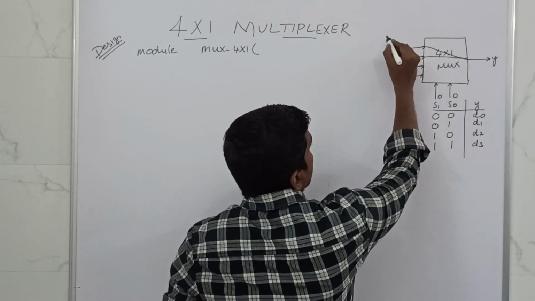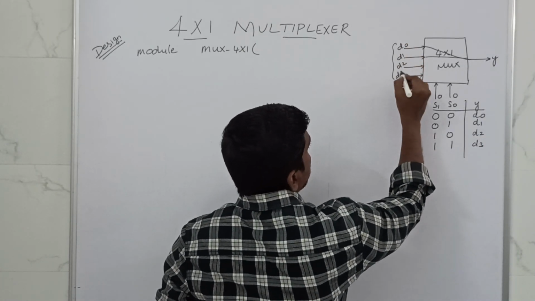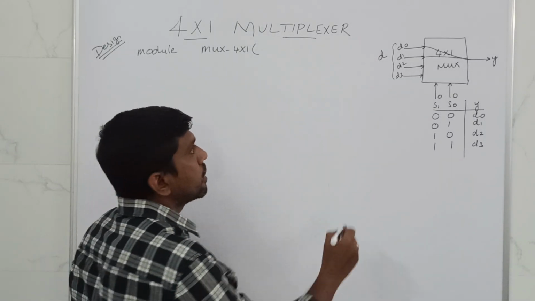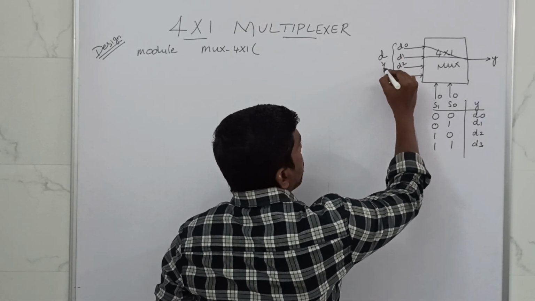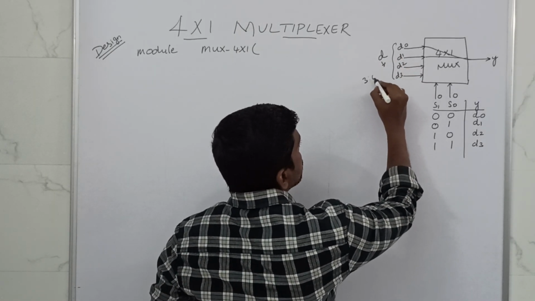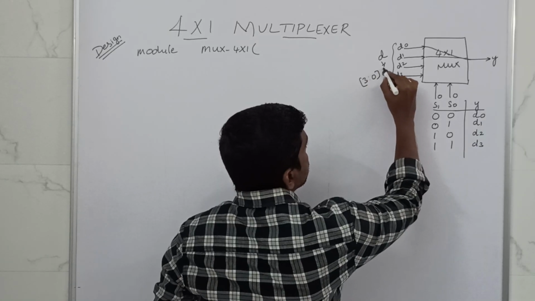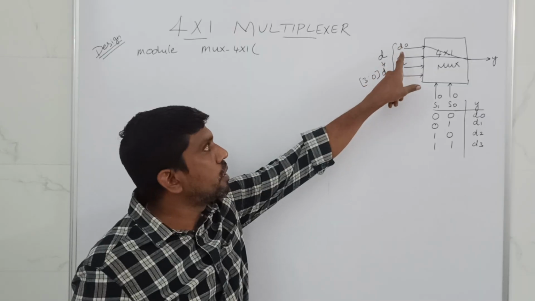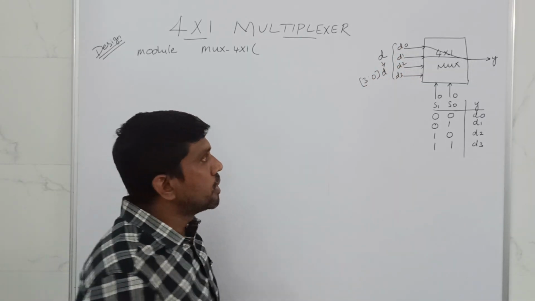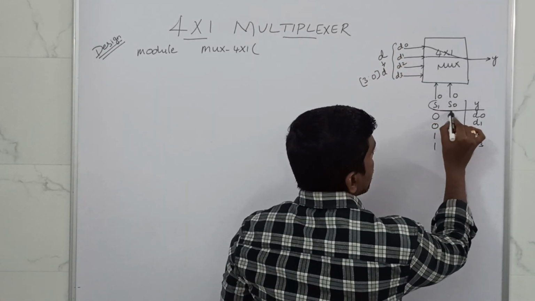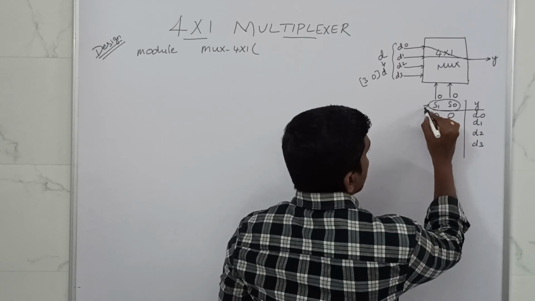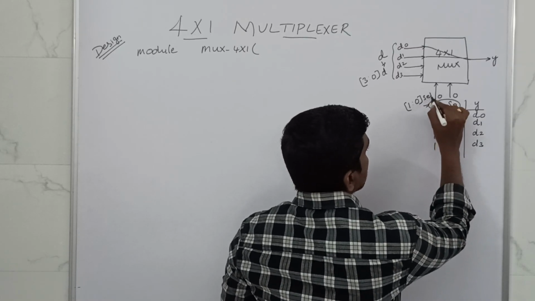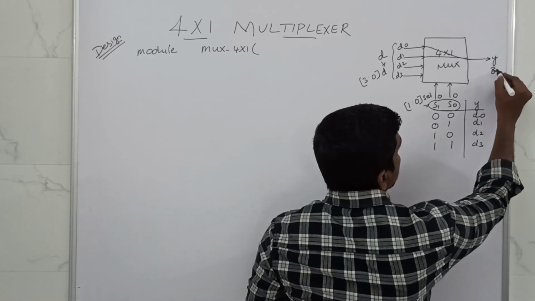In this block diagram we have 4 inputs, D0, D1, D2, D3. We declare them in vector format, [3:0] D. So this D variable consists of 4-bit values D0, D1, D2, D3. Then the selection line is also an input, declared as a vector [1:0] selection. Then Y represents the output.